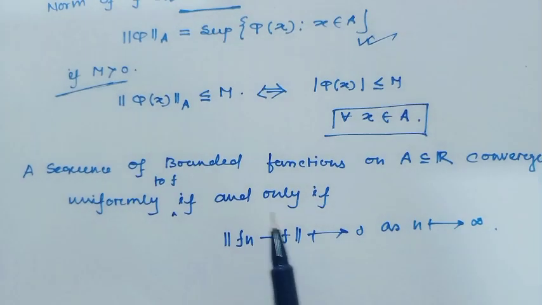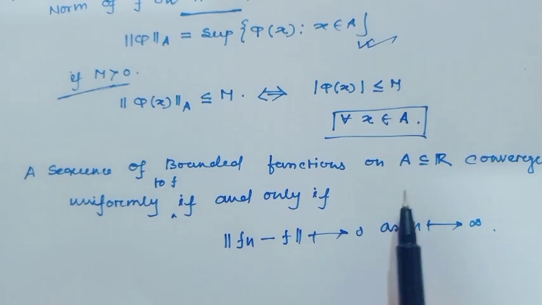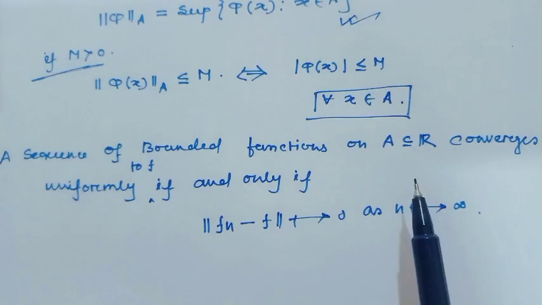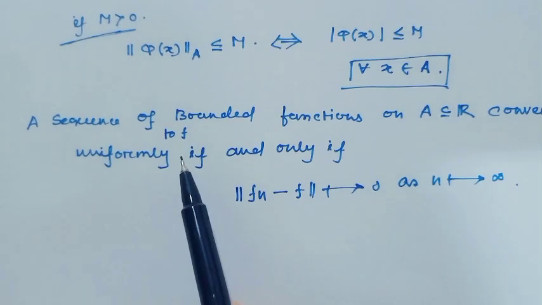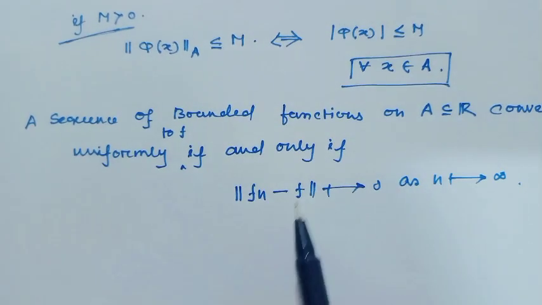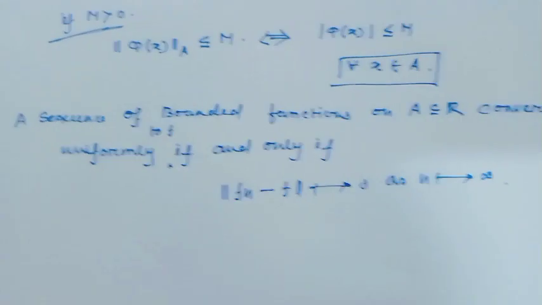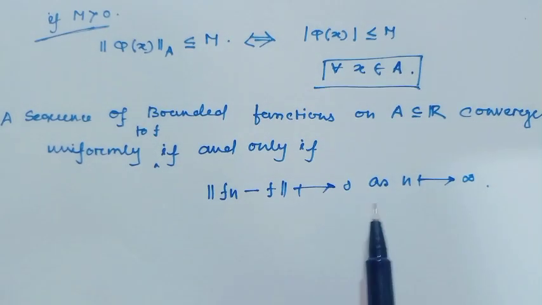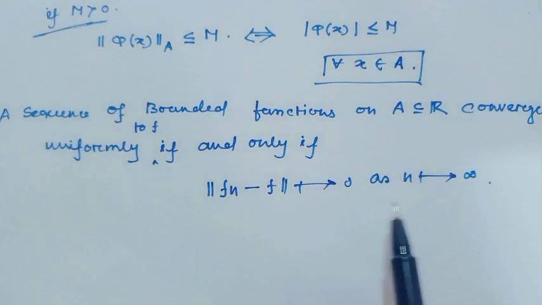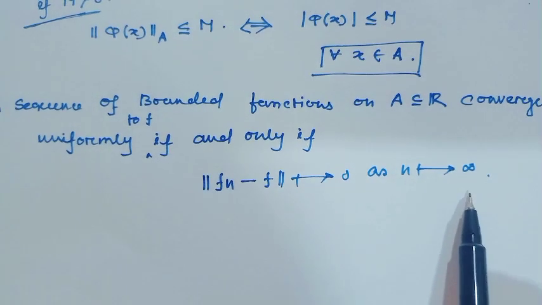And a sequence of bounded functions on the set A, which is a subset of R, converges uniformly to the function f if and only if the norm of fn minus f tends to 0 as n tends to infinity.